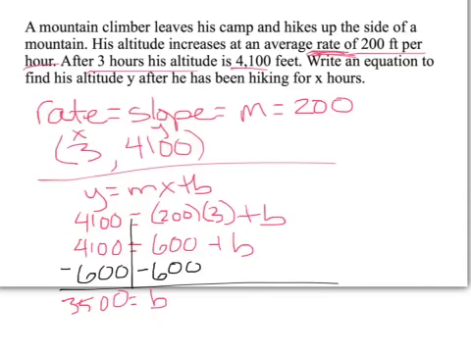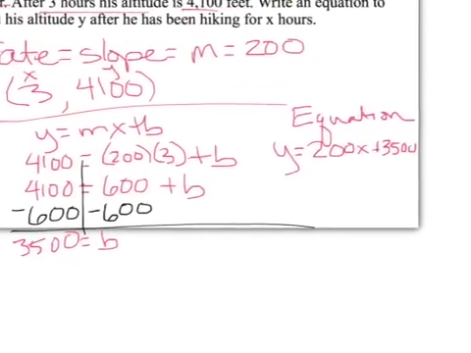So my equation is going to be y equals 200x plus 3,500.